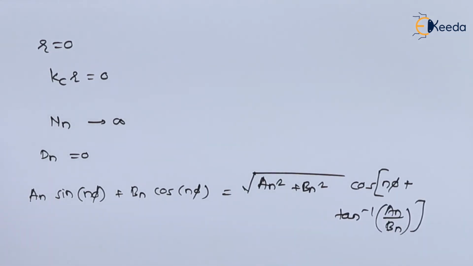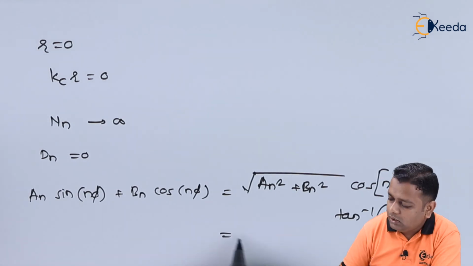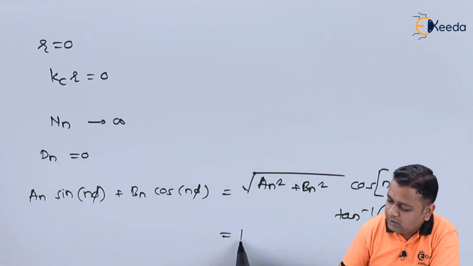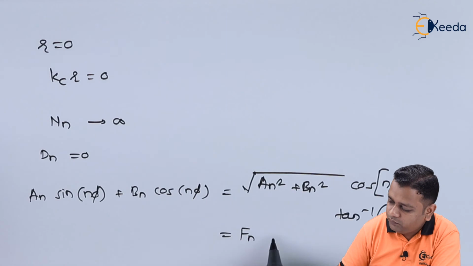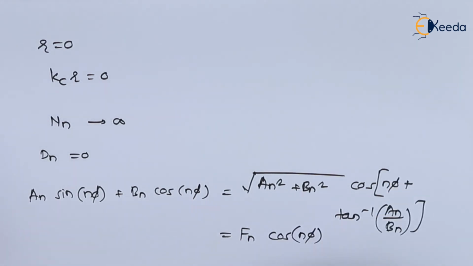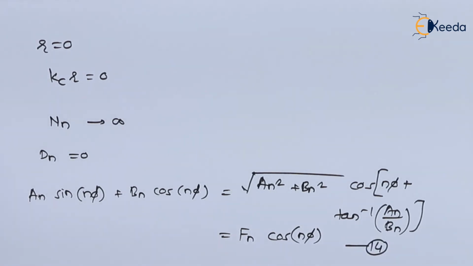Here the square bracket is completed. In general, this can be represented as capital F suffix n cosine of n phi simply. So let us say this is equation number 14 in the sequence.